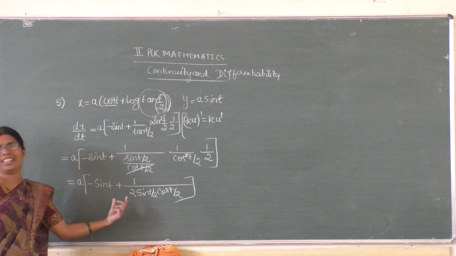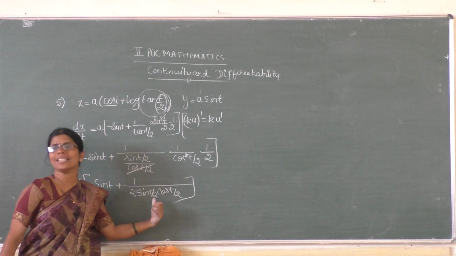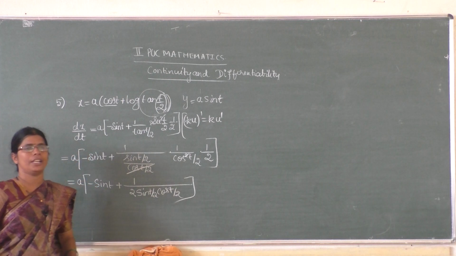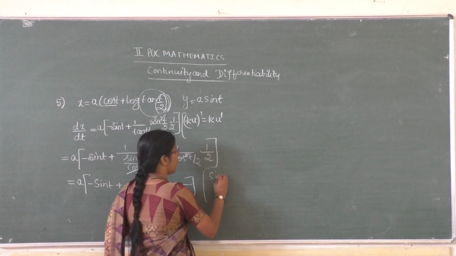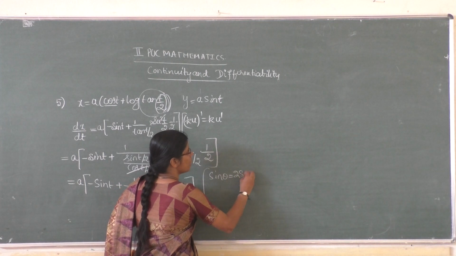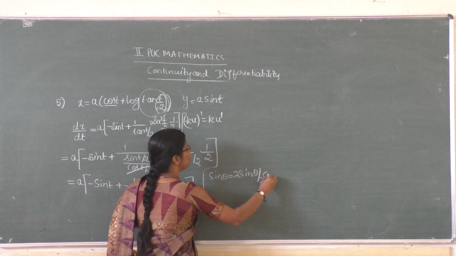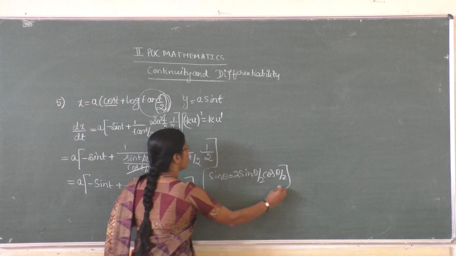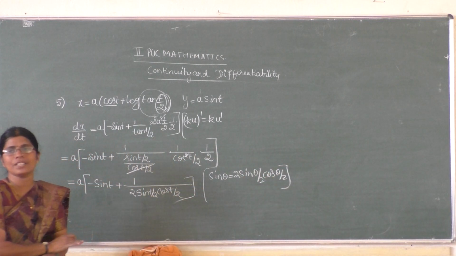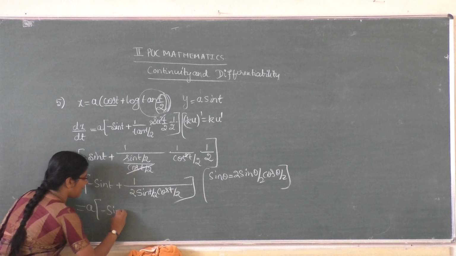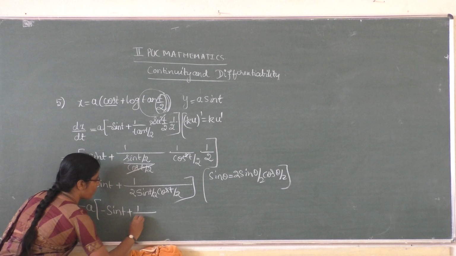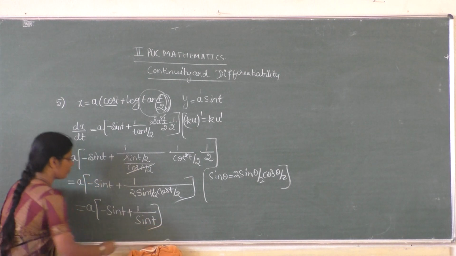See this, the known formula, 2 sin t by 2 into cos t by 2, that is nothing but sin t, that is sin theta can be taken as 2 sin theta by 2 into cos theta by 2. So we can apply the formula in the reverse order also. So we got here a into minus sin t plus 1 by sin t.